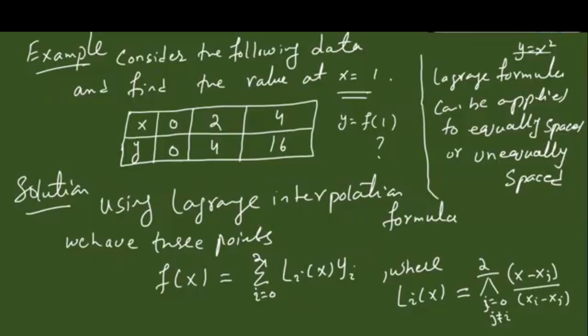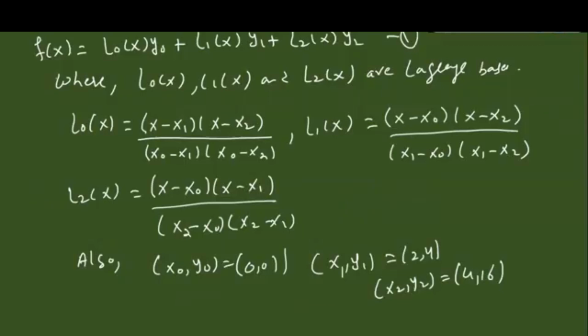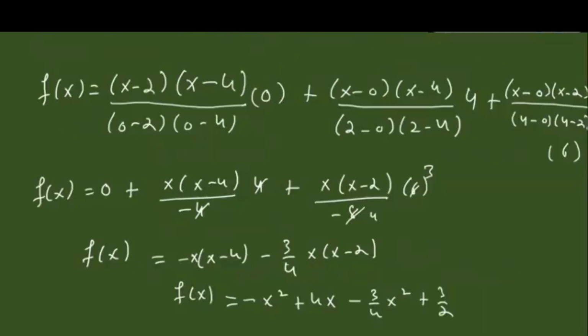I think there is some mistake then, and definitely the mistake must have happened somewhere. 0 minus 2, that's okay. So x minus x naught, x minus 4. Is it correct?